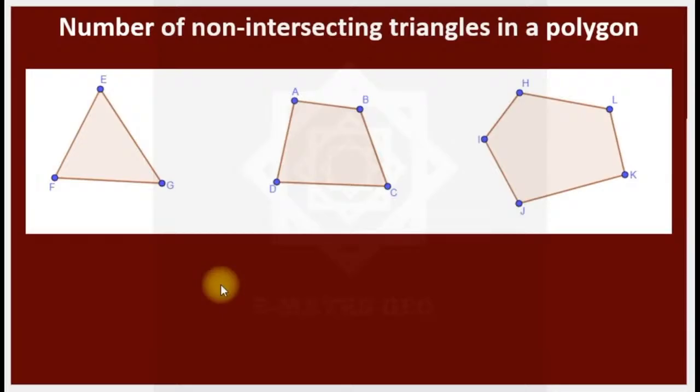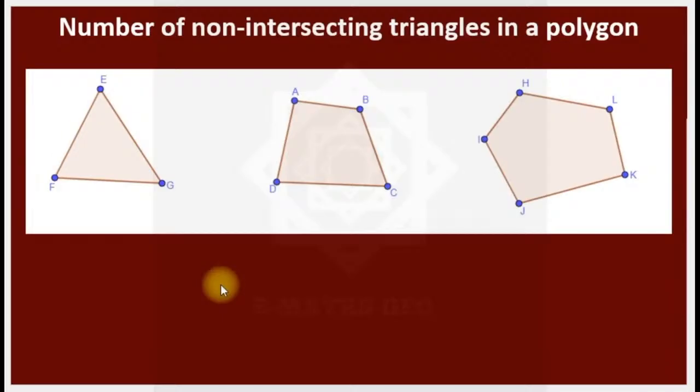And how do you do it? If we join non-adjacent vertices, like forming a diagonal, once a diagonal is formed, a triangle will be formed. So that's what we are going to do. We want to get a formula for the number of non-intersecting triangles in a polygon.